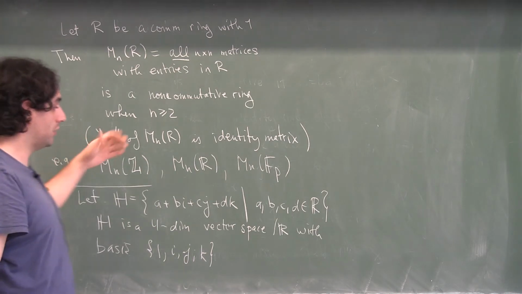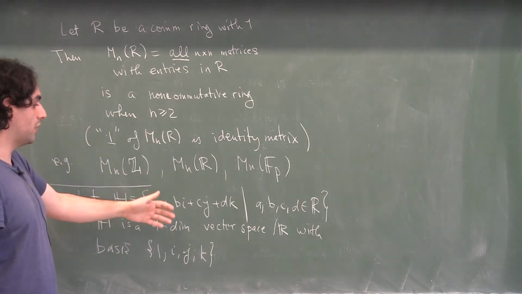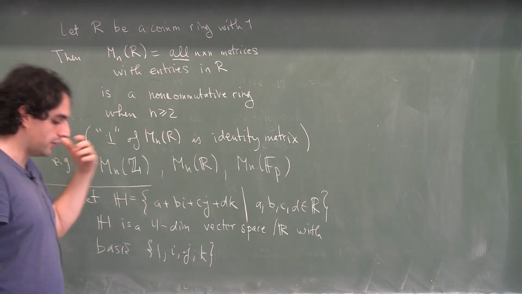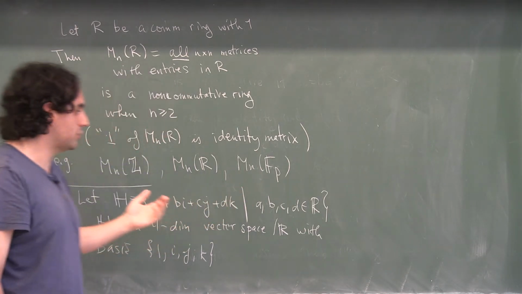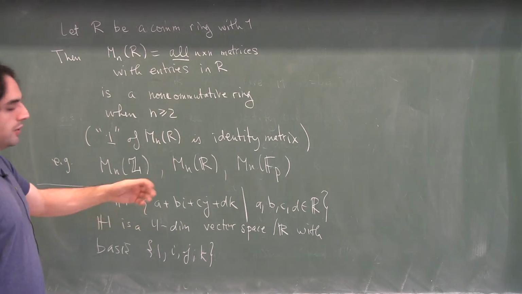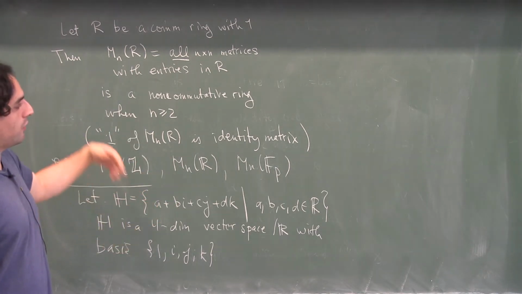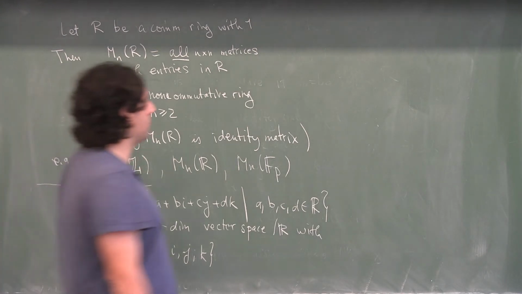In particular, a vector space is also something where we have an addition, the structure of an additive group. But then we have a little bit more, the scalar multiplication. Now, I want to introduce a multiplication to make this a ring.